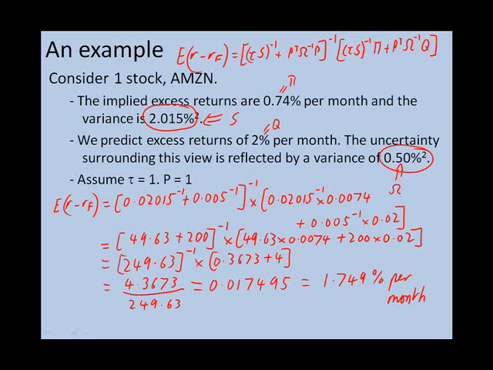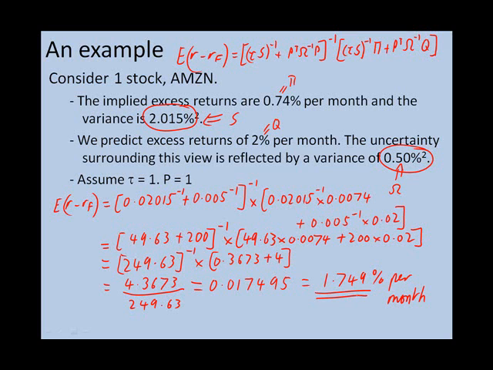In our formula, that means we're going to place more weight or more confidence on our views. So we should see that the expected excess returns are going to be dragged up towards our views of 2% per month, because we're very confident about our views. And that's what we see. The expected excess returns are indeed pushed up towards 2. We get a value of 1.749% per month, because we're very confident about our views.